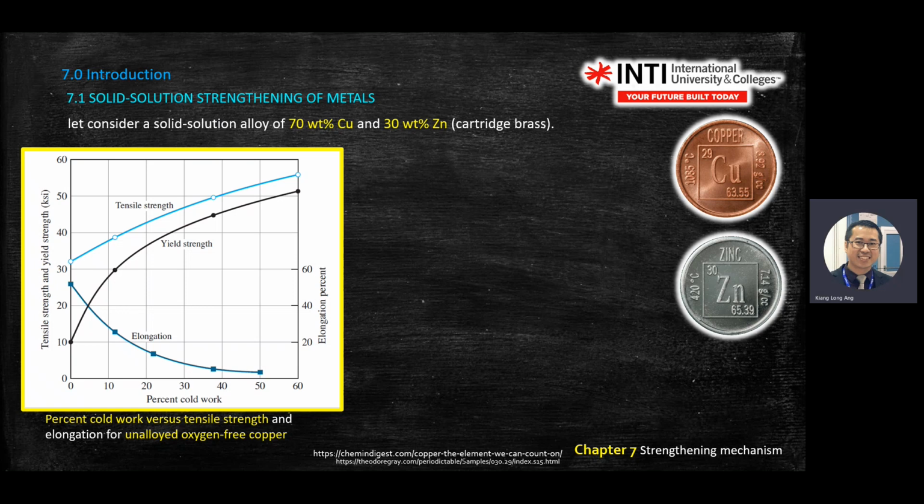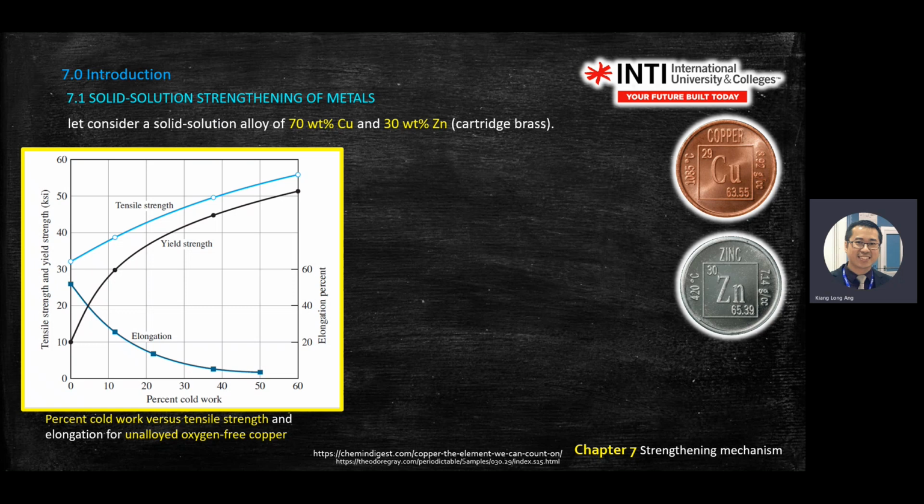On this graph, on the left is tensile strength. This one is in imperial units. On the x-axis is percentage of cold work. The y-axis here is elongation. So you have three different axes. At the moment, you ignore the imperial unit first. So you have elongation, yield strength, and tensile strength.